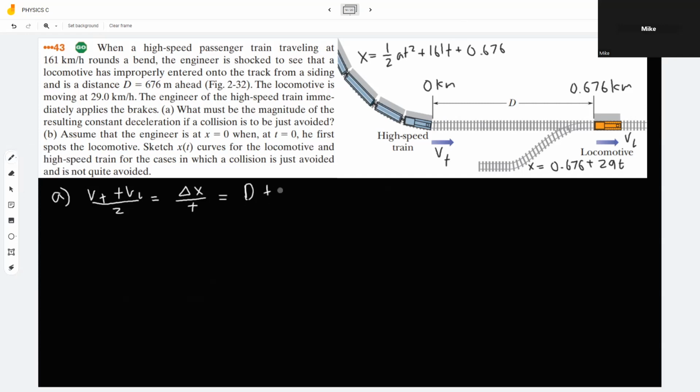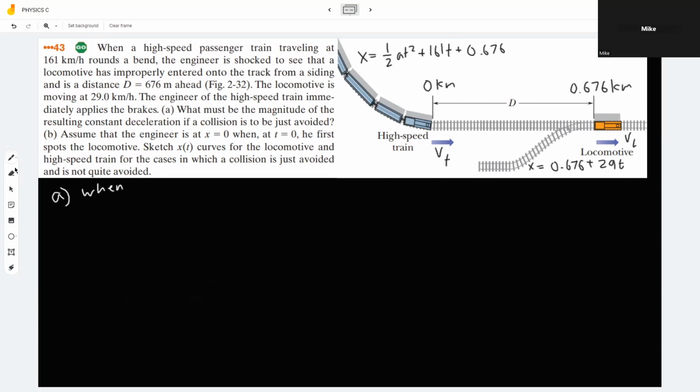So this is actually a discriminant problem. Using the two equations, equate them. You get 1/2 a t squared plus 161 t plus 0.676 equals 0.676 plus 29t.